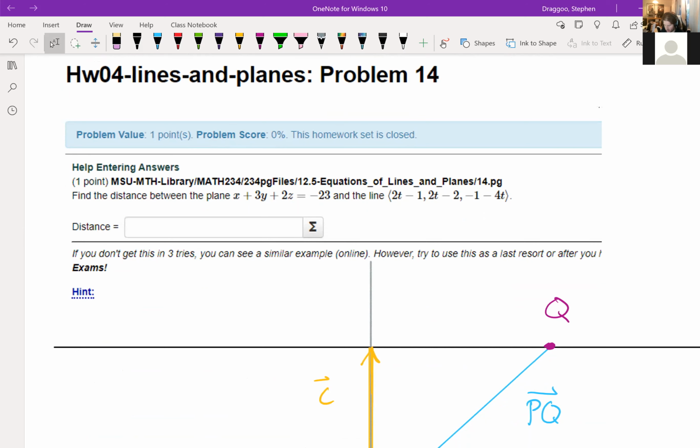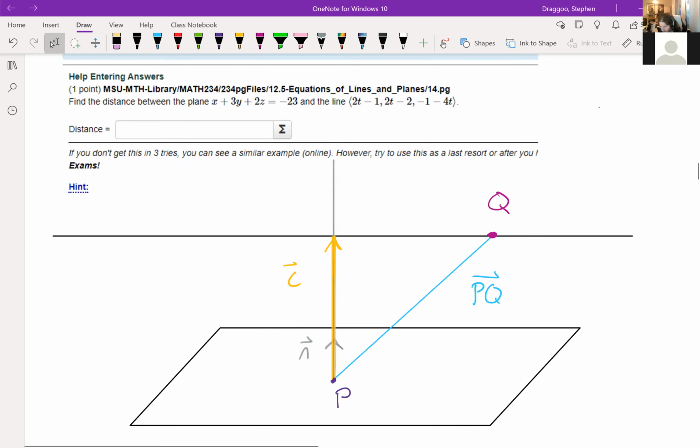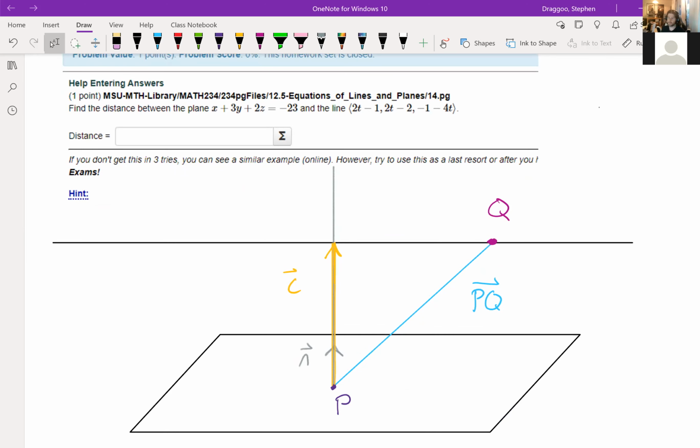But okay. Speaking of planes, I think we've got some more stuff to talk about. Finding the distance between the plane given by that equation and the line given by that other parametric equation. Oh, that's it. Just calculate the distance. So again, I've worked ahead so that I have a sketch prepared so I can explain what it is that we're about to do.